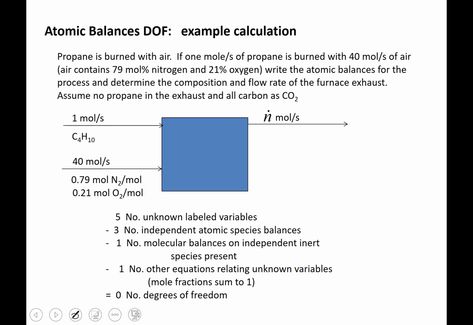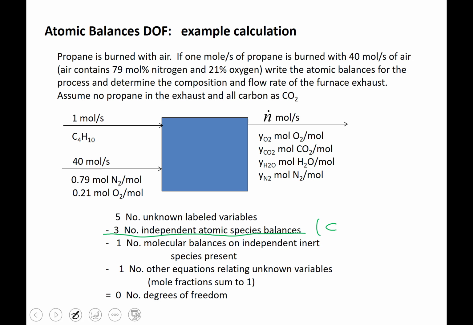We have 5 unknowns, if we include the mole fractions. 5 unknowns minus 3 independent atomic species balances, which are C, H, and O. And we have 1 molecular species inert, which is N2. And we have one other piece of information, which is the mole fractions add to 1. Pretty straightforward.